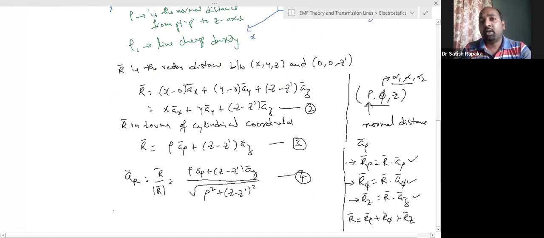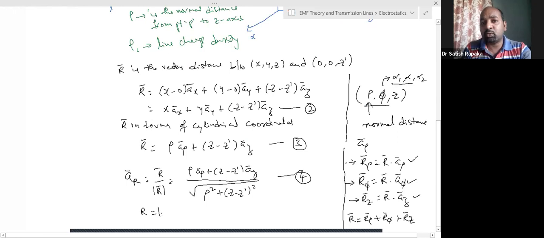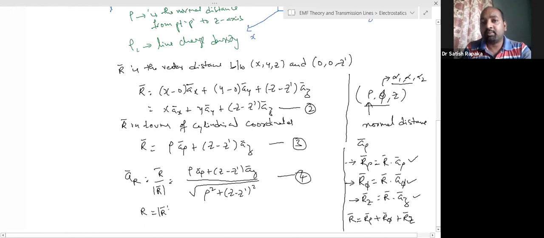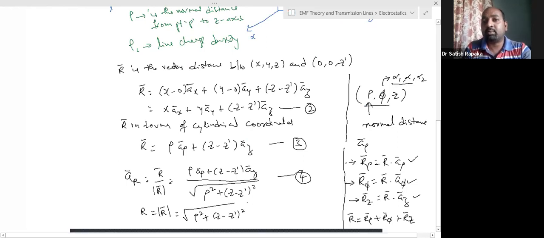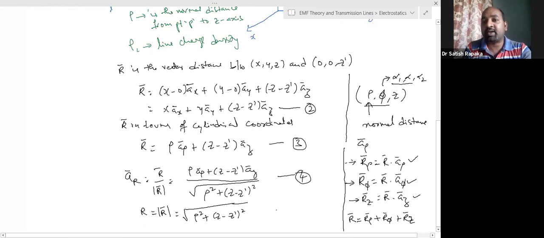So therefore, what is R here? R is the scalar distance, which is equal to mod R bar, which is equal to the square root of rho square plus (z minus z dash) whole square, and let us say this is equation 5.